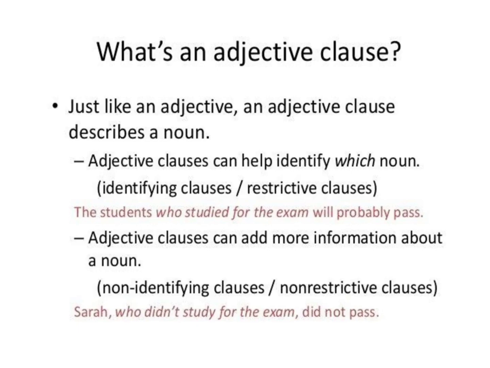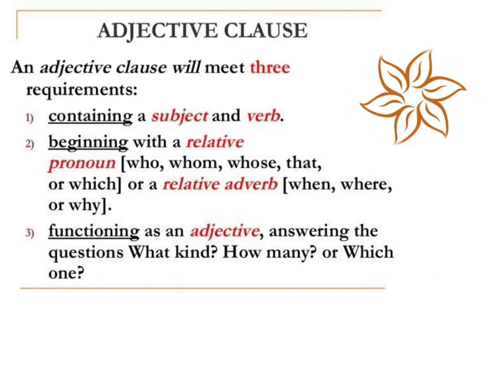Adjective clause will meet three requirements. The first one is containing a subject and verb. The second one is beginning with a relative pronoun like who, whom, whose, that, or which, and can be a relative adverb like when, where, or why.